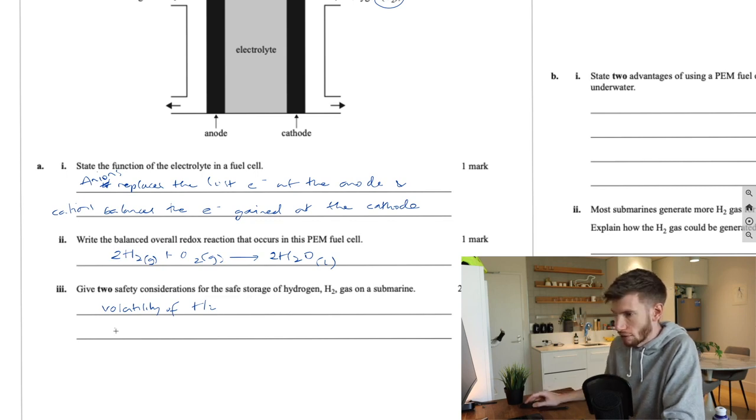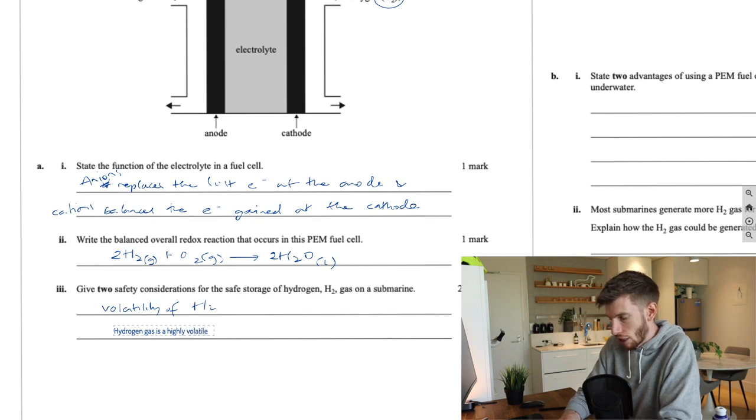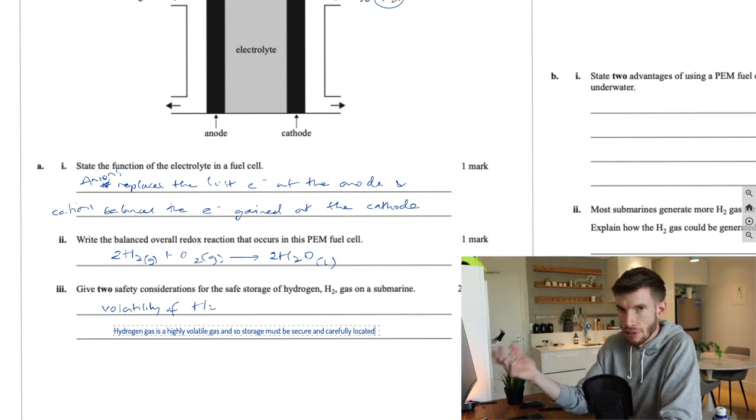If I was to write that, it would be hydrogen gas is a highly volatile gas, and so storage must be secure and, we'll say, carefully located. Often hydrogen is stored away from people and away from townships and things like that to avoid risk.